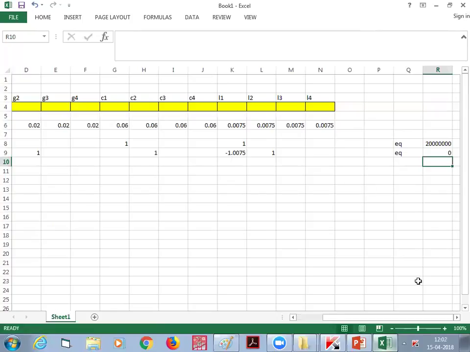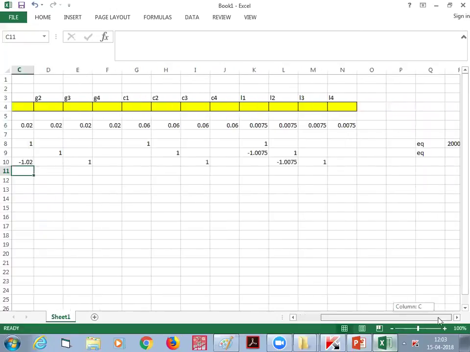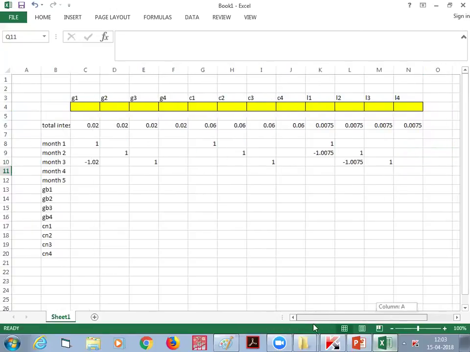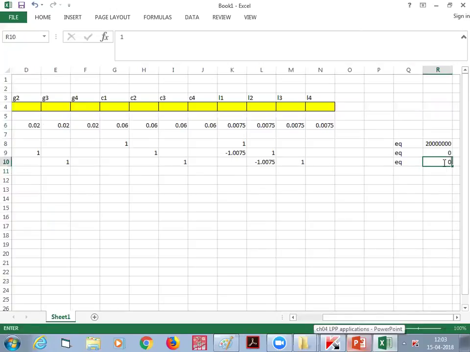Now, in the third month, beginning of third month, here we'll get an identity matrix, and here minus 1.0075, and here we'll get minus 1.02, because 2% after 2 months receipt, right? That will be again equal to 0. Oh, 0 will become 1, yes.